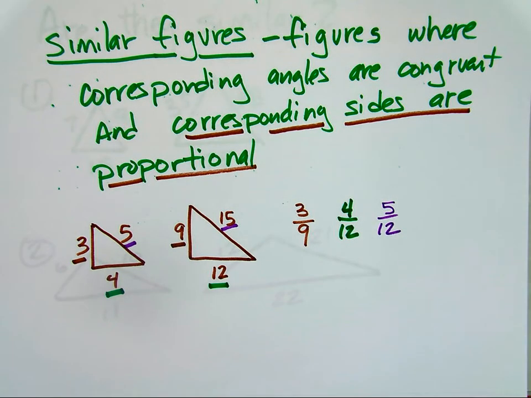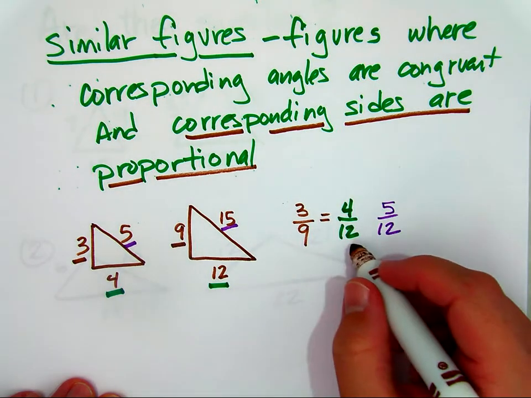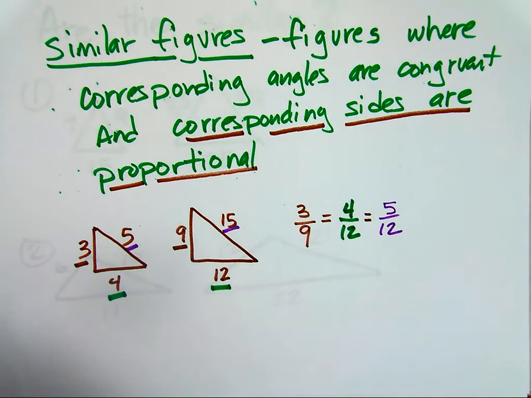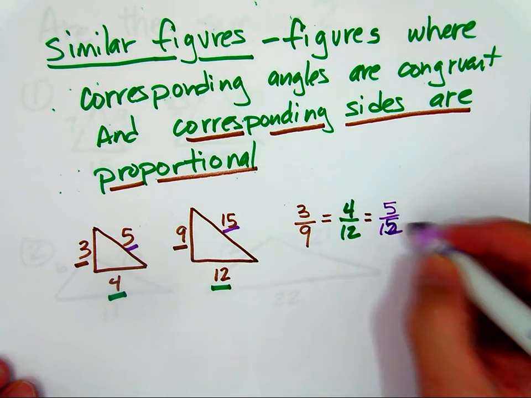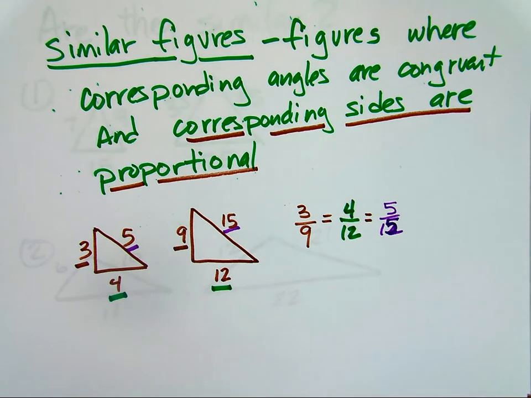Now if I look at all three of those ratios, they are all equivalent. 3/9 reduces to 1/3. 4/12 reduces to 1/3. And 5/15. Oops, that should be a 15, not a 12. 5/15 reduces to 1/3.